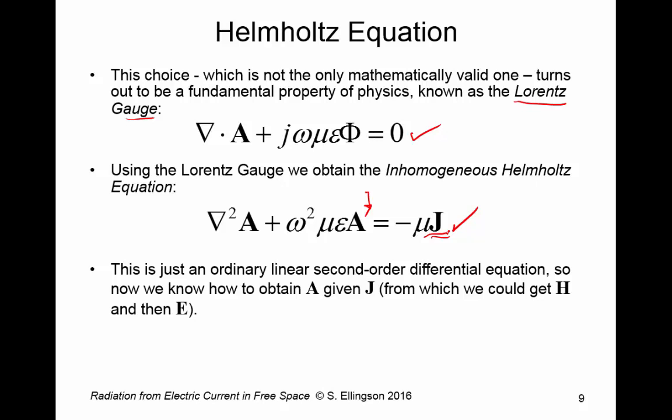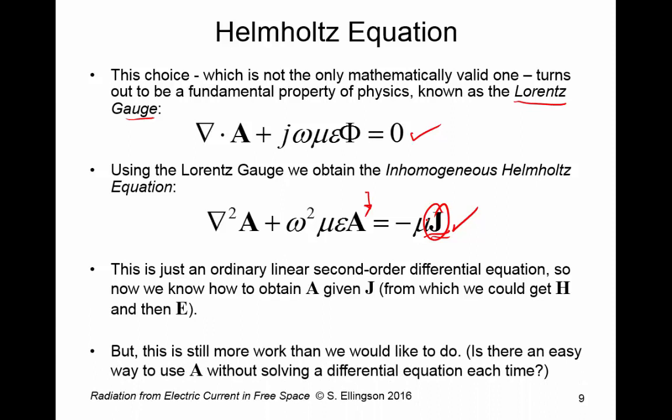So now we know everything we need to know to get A from J, right? If you're given J, you can solve this differential equation. From A, you could then get H through the defining relationship for the magnetic vector potential, and then you can get E through Maxwell's equations.